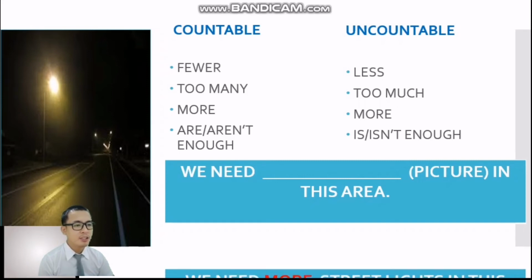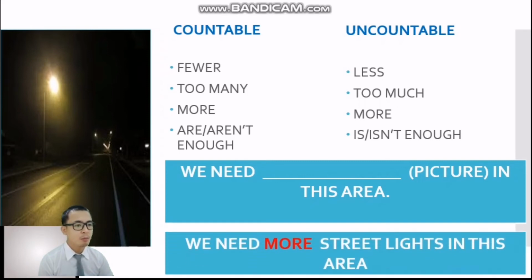If your answer is we need more streetlights in this area, then you are correct. This sentence is about giving a suggestion, and as you can see from the picture, there's only one streetlight and that isn't enough. So the suggestion that we can give is more streetlights, and the quantifier more belongs to countable nouns.